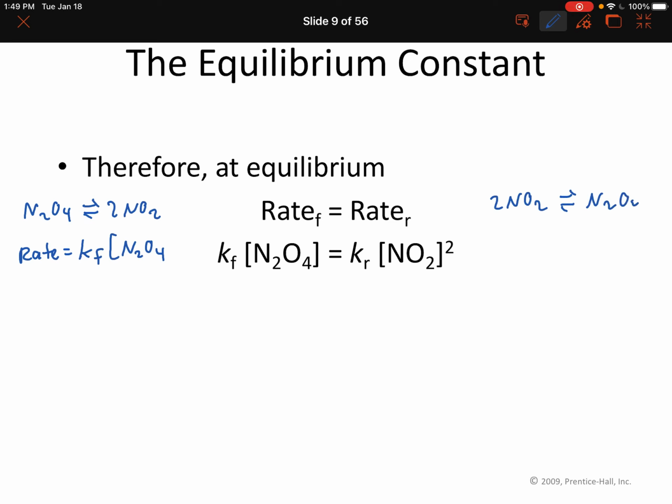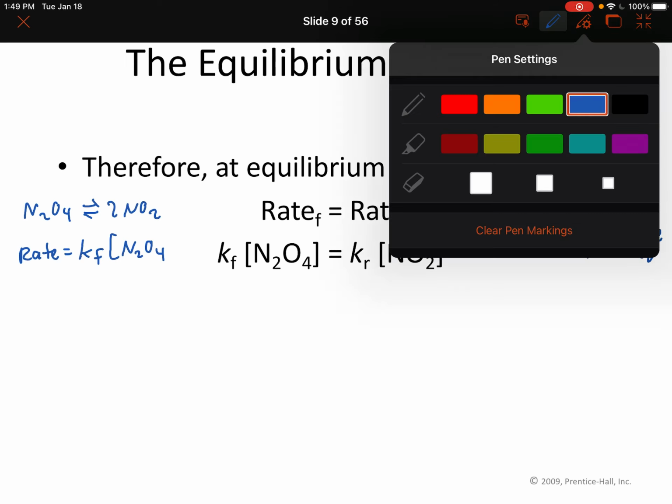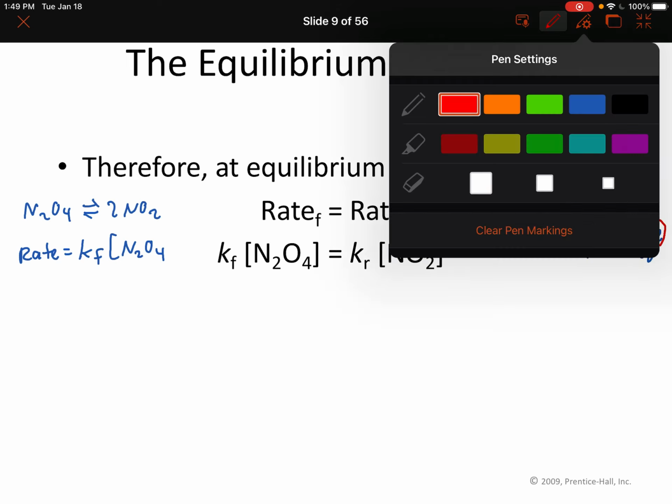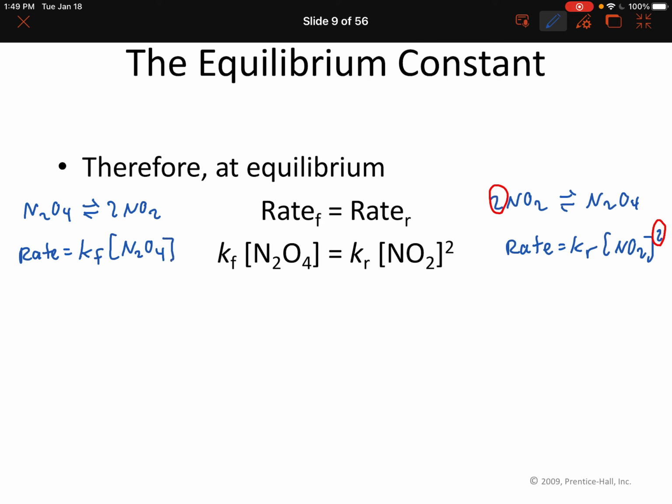And on the other side, thinking about the opposite process, 2 NO2 makes N2O4, the rate equals K reverse times NO2 squared. Again, the coefficient here has become the exponent there, and the coefficient of 1 for N2O4 becomes the exponent there.